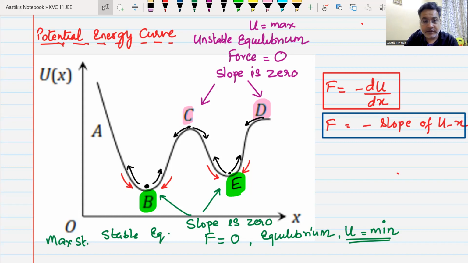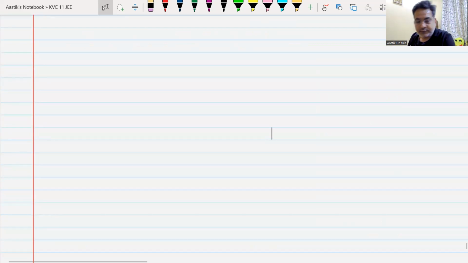Between B, C, D, and E, what is the difference? No one remembers it. Okay.